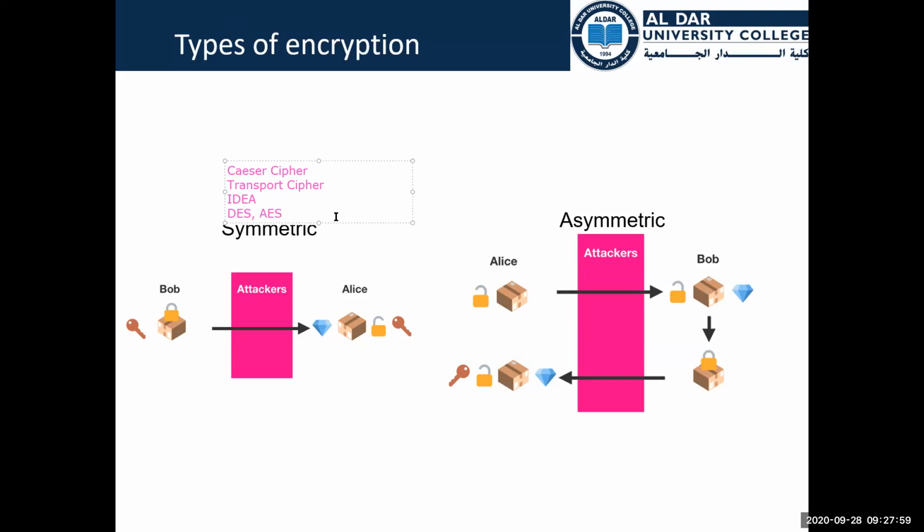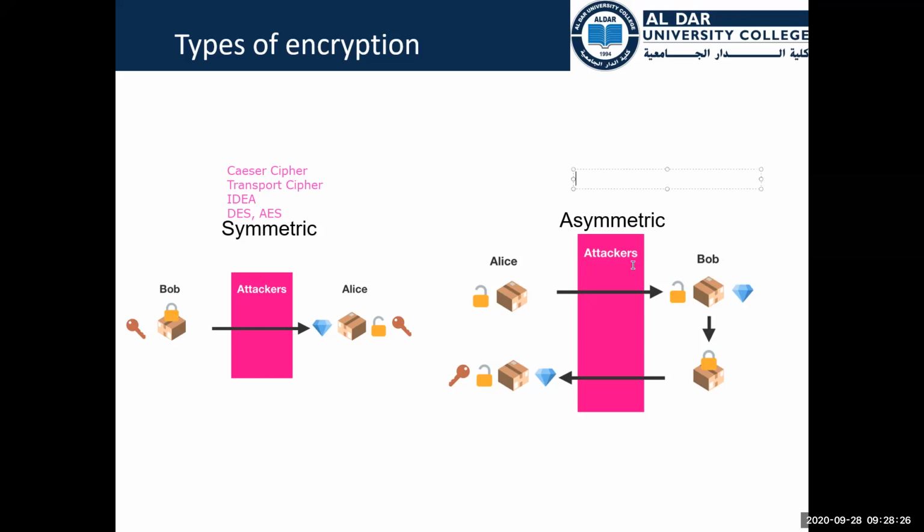These are types of symmetric key encryption. This type of encryption is fast and uses the same private key in encryption and decryption. It also has the problem of sending the key because the attacker may be able to capture the key.